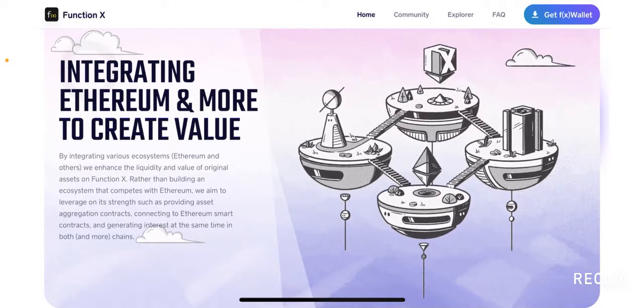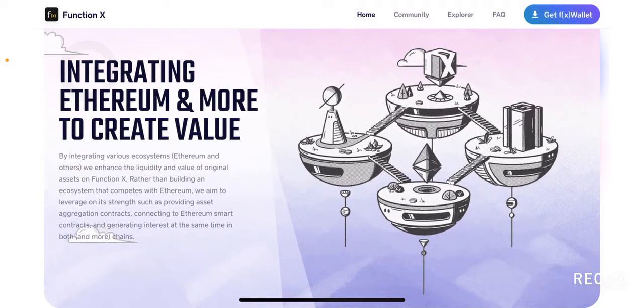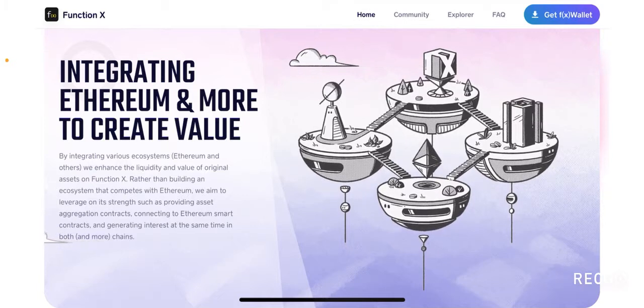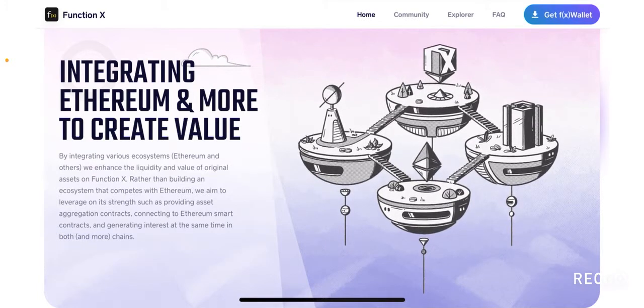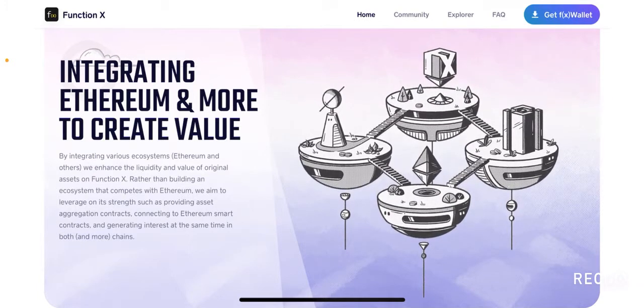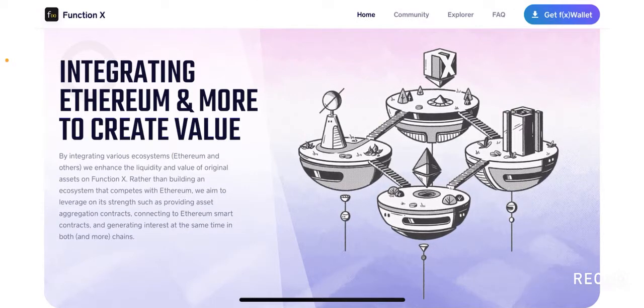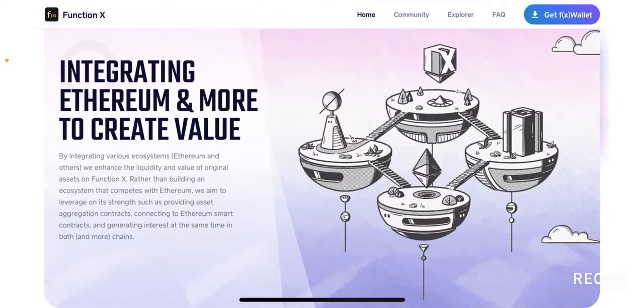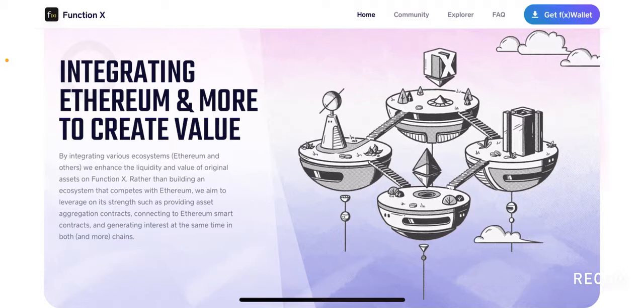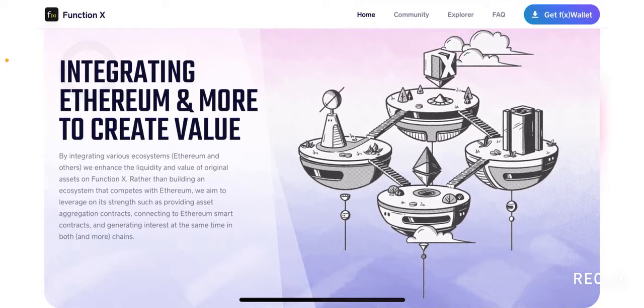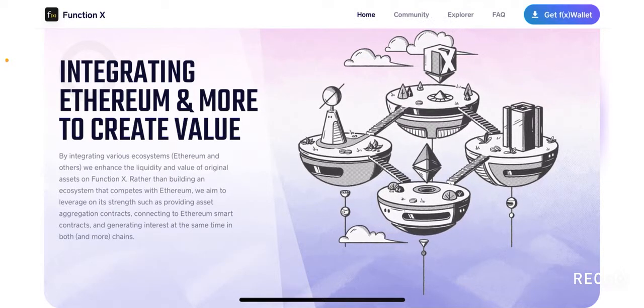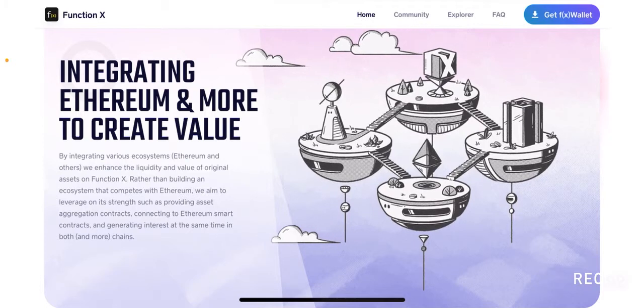So as multiple blockchains are currently being created pretty much on a daily basis, many blockchains, unlike the blockchains that were created a year or two previously, are realizing that they can't really outcompete Ethereum. Ethereum is here to stay, and Ethereum is the dominant smart contract blockchain platform out there.